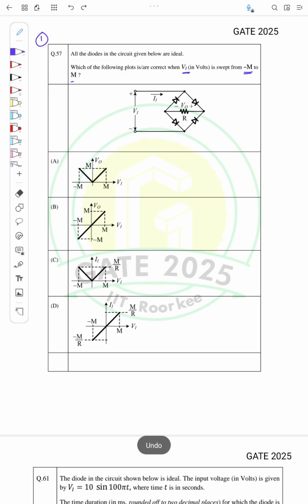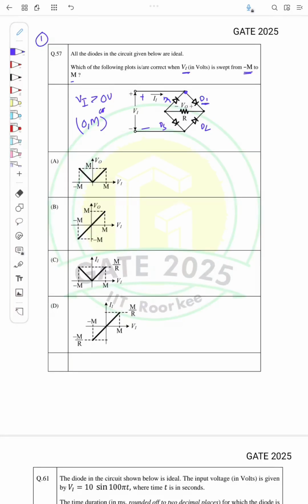So suppose VI is greater than 0 volt, or in the range 0 to M. So the voltage drop will be like here plus, here minus. Say this is D1, this is D2, D3 and D4.